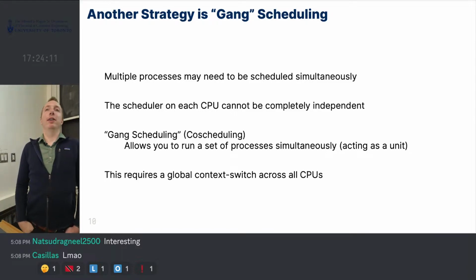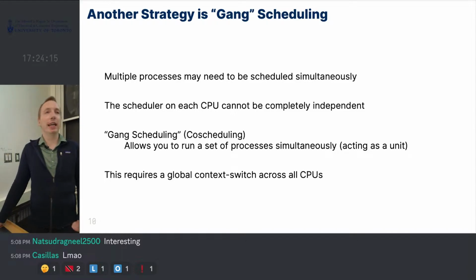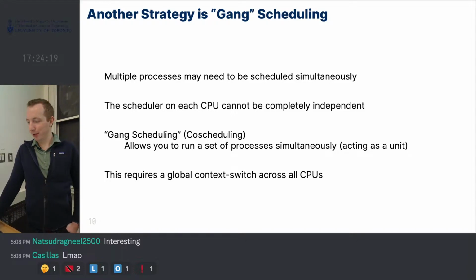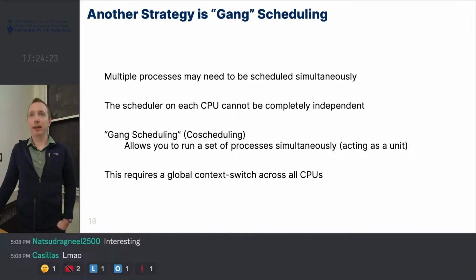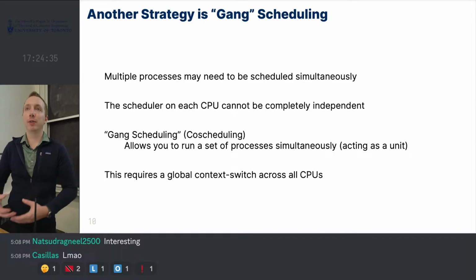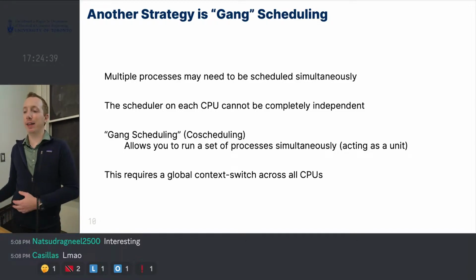So another strategy, which also is related to high performance computing, is something called gang scheduling. Yes, I don't know why we have all these terrible terms. So what that means is basically multiple processes are scheduled as a group together, and the scheduler on each CPU cannot be completely independent because I need to schedule and context switch all these processes at the same time.